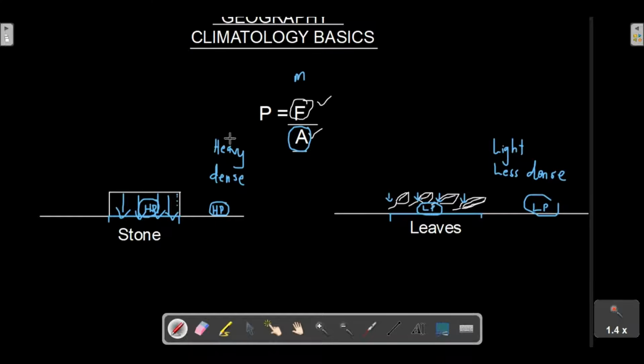Whereas if an object is heavy and dense, it exerts a greater force onto the ground, and hence it applies a higher pressure onto the ground. So that's the basic idea about atmospheric pressure.